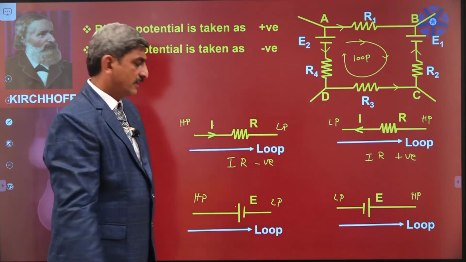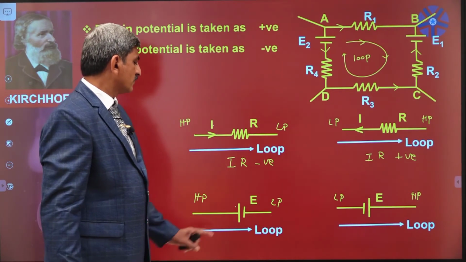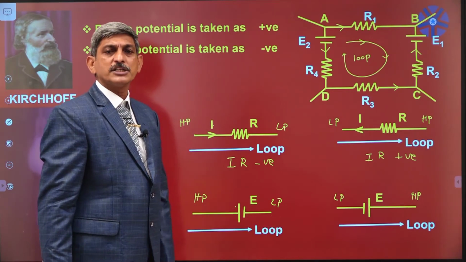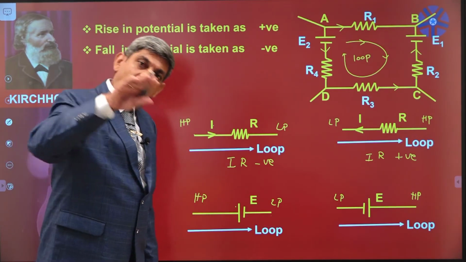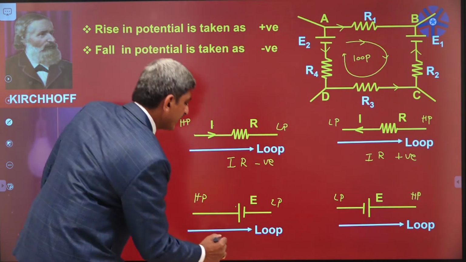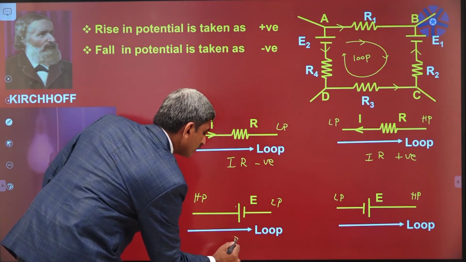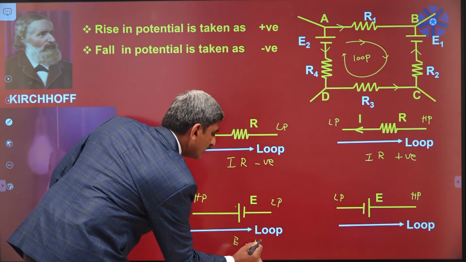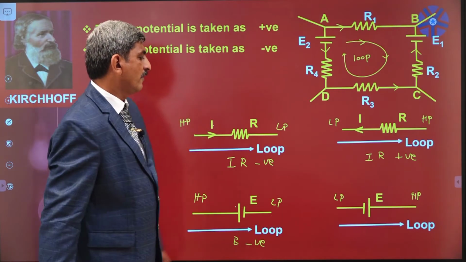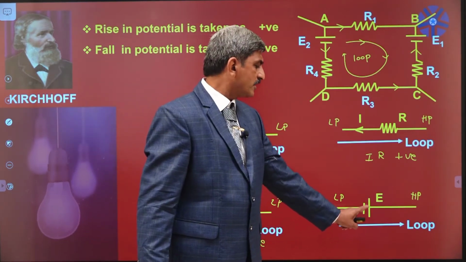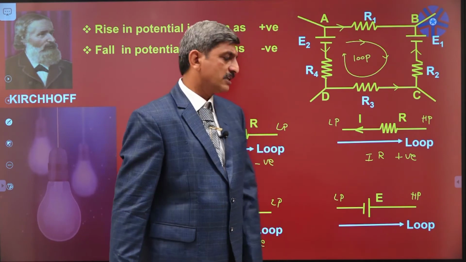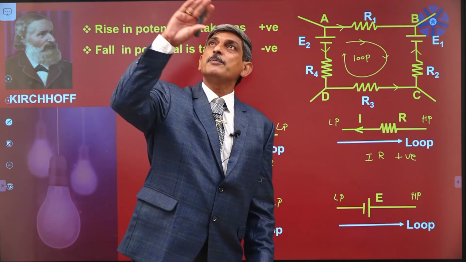Then identify. In the first case, we are moving from higher potential to the lower potential, so there is a fall of the potential, which must be taken as negative. Whereas here we are moving from the negative terminal, lower potential, to the higher potential, so there is a rise in the potential.